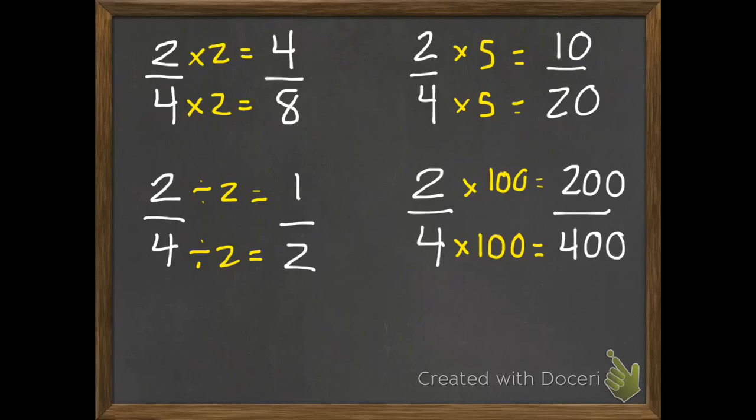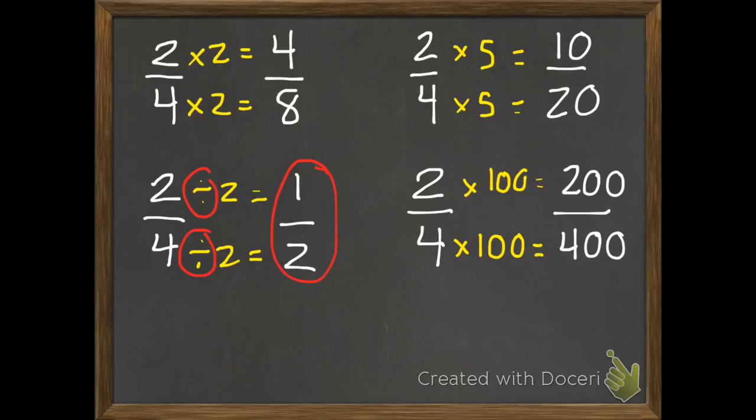So if you had to draw a picture of one of these, 4/8, 1/2, 10/20, 200/400, which one would be the simplest? It'd be the 1/2. You may notice we did something different with this one than all the others. We divided.